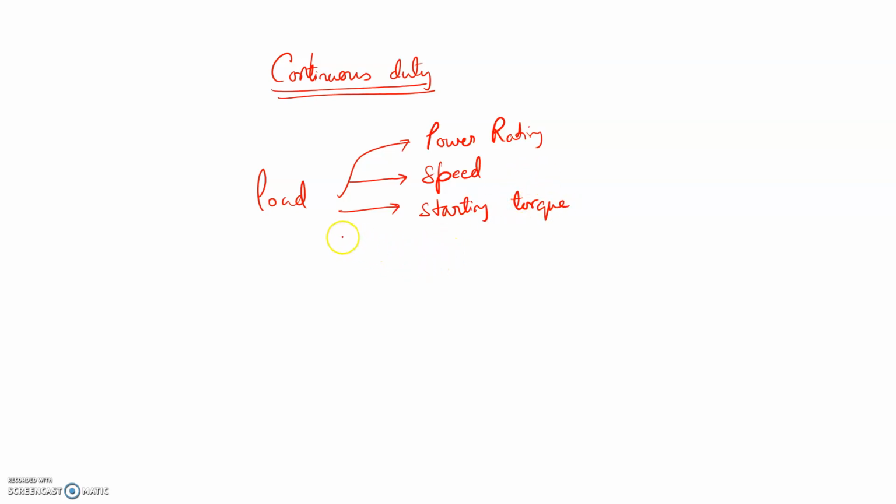Then the load can have fluctuations, so that can be a transient. If the load is going downhill, you do not need to give a forward torque, but a reverse torque is required. So let us say that is a reverse torque.